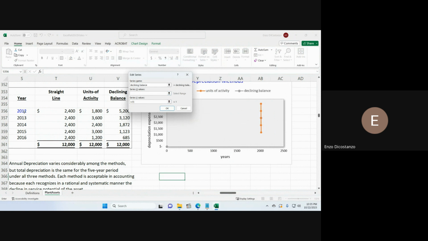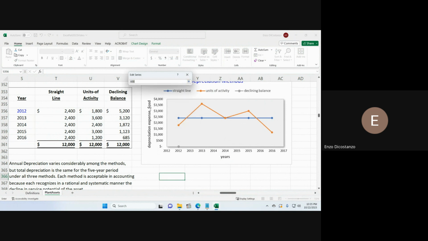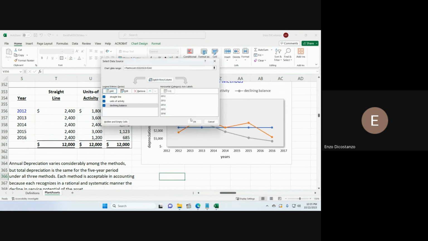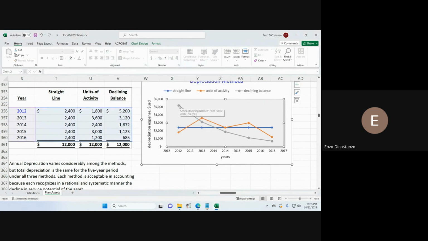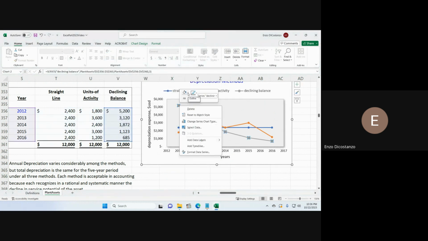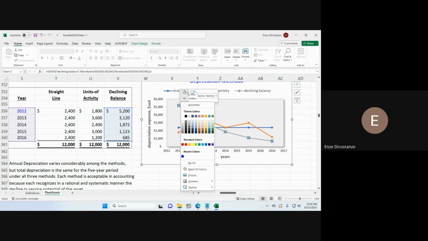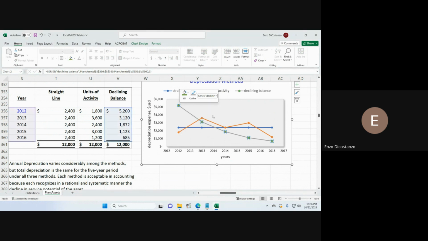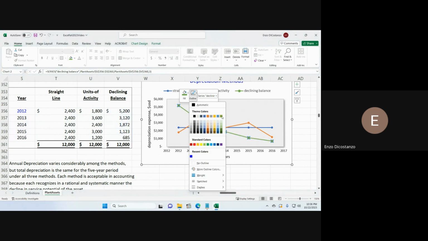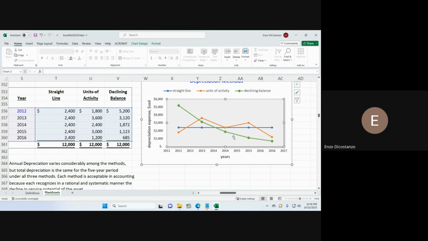Again, same thing. The 5 years, the declining balance column. Hit OK. Hit OK. I don't love this gray, so let's do some other color with this. Let's do, I don't know, maybe a green. How's that? Right? That's not too bad.